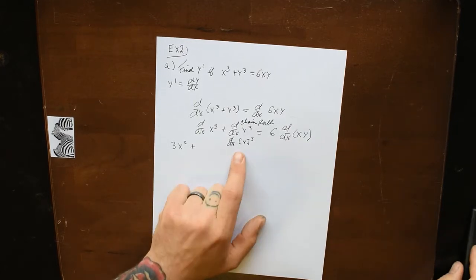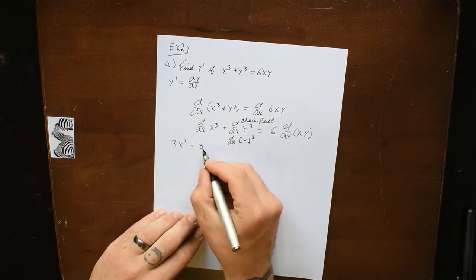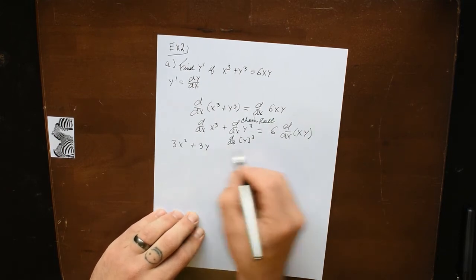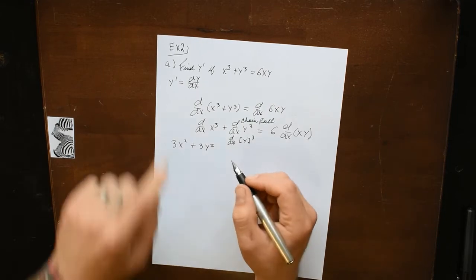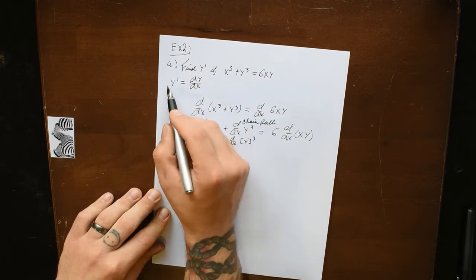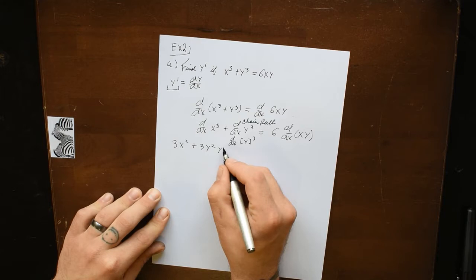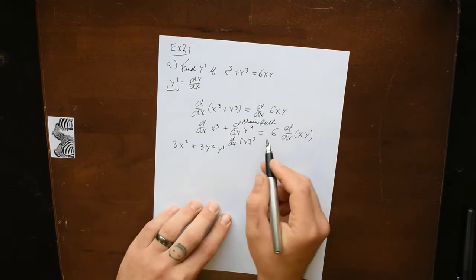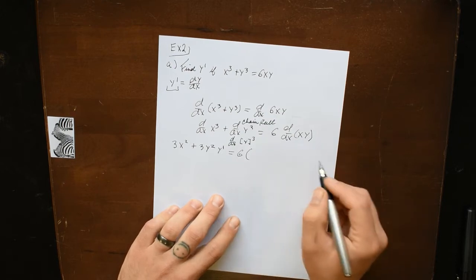This is our power rule mixed with a chain rule. Bring our power down, 3 times the inside, subtract 1 from the power, times the derivative of the inside, which, for this problem, instead of writing dy dx, I'm going to just call it y prime. And that's going to be equal to 6 times.